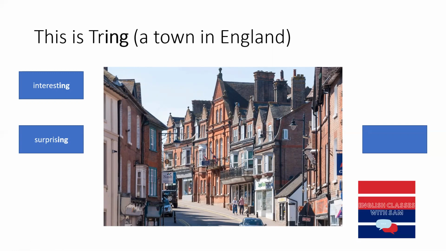So you can say it's surprising. Inspiring, perhaps, yeah? Some beautiful buildings to look at and shops to visit. And fascinating, okay? It has a very interesting or fascinating history behind it. So Tring is a town, and therefore we have to use ING adjectives to describe it, because a town cannot have emotions, it can't have feelings, so it must be ING.